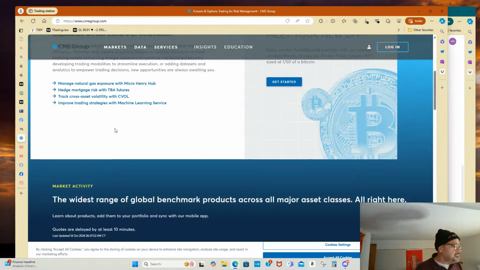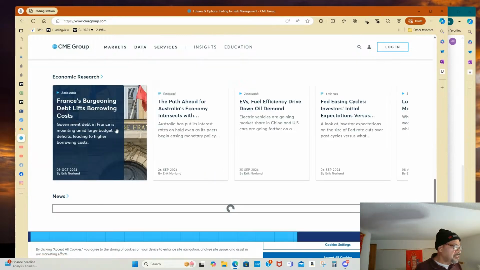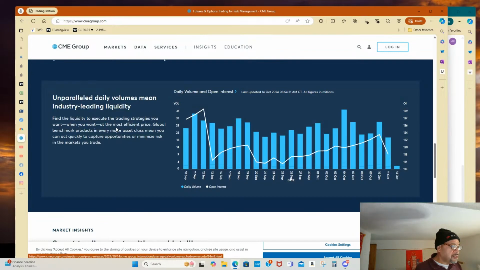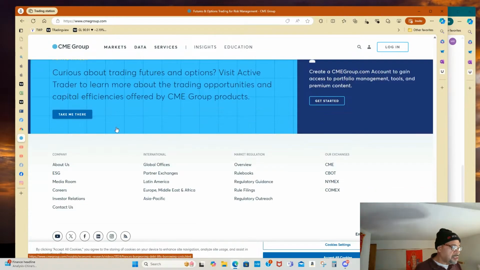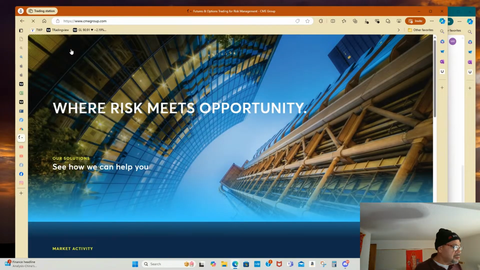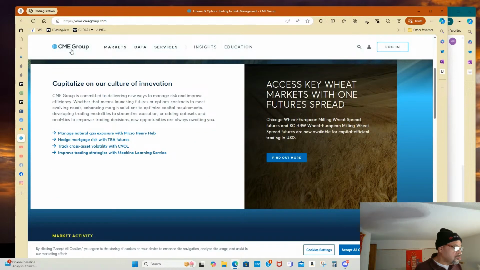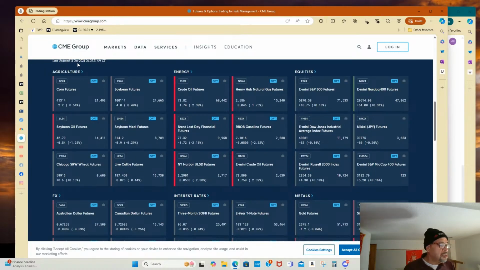Now this one is important. This is where I make sure my contracts are in the right spot on that one list. Where is that supposed to be? There they are.